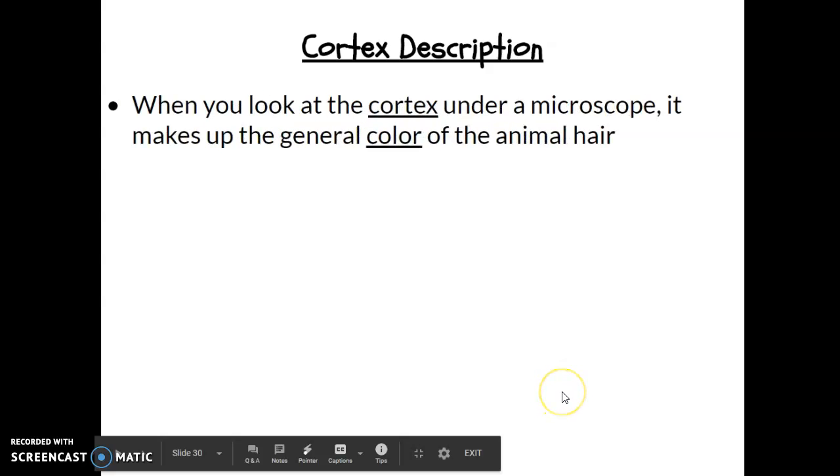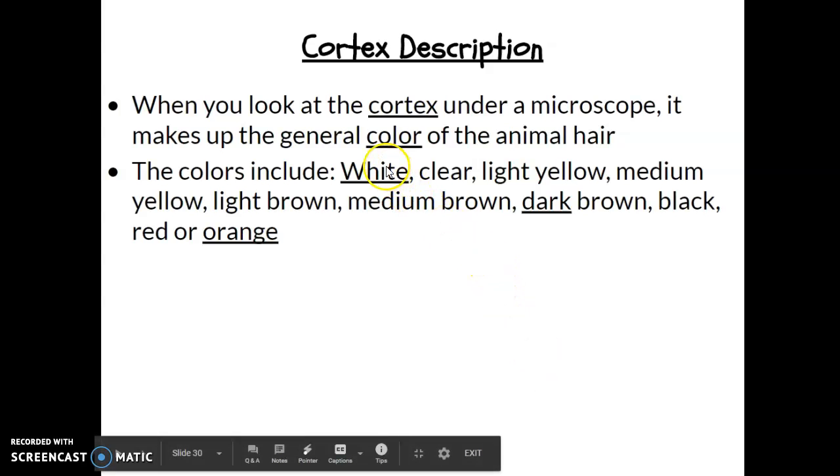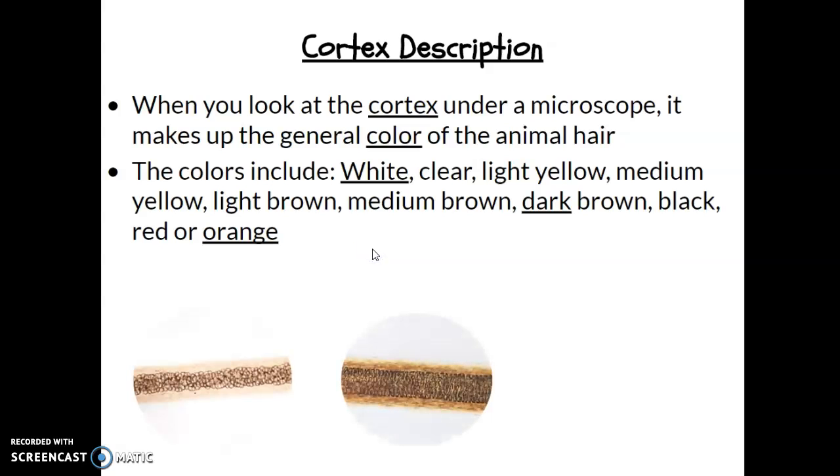The cortex is going to make up the general color of the hair. Depending upon the color of the coat of the animal, you could have white, clear, light yellow, light brown, medium brown, dark brown, black, red, or orange. So those are the colors that you will use.